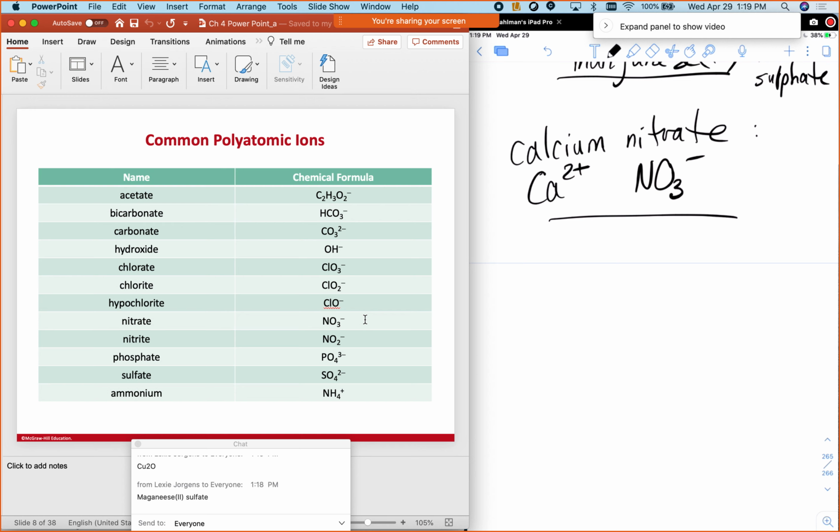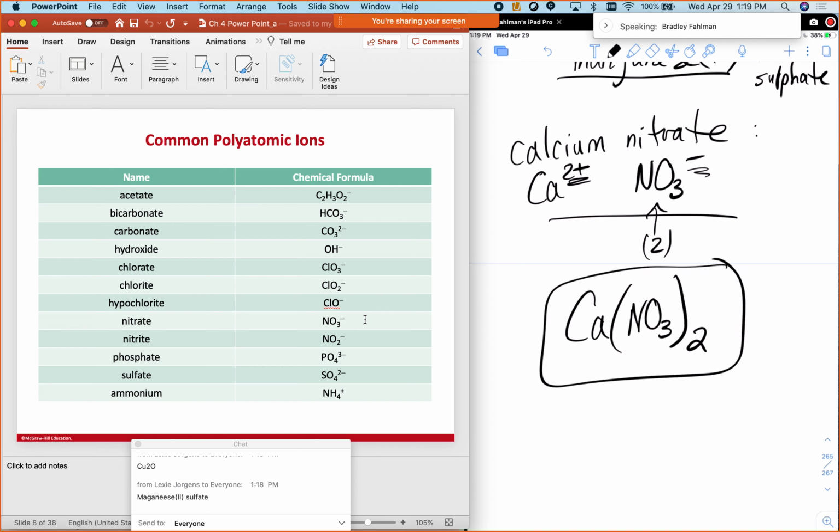So if you put both of these together, you're going to need 2 of these, right? Because you have a +2, so you have to get a -2. And so that would be Ca(NO3)2. So calcium nitrate.